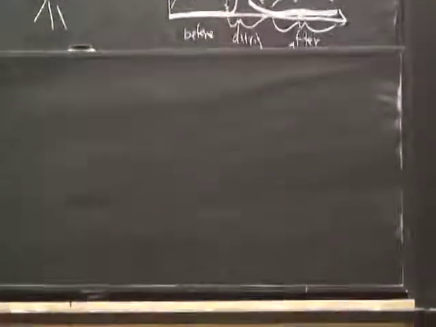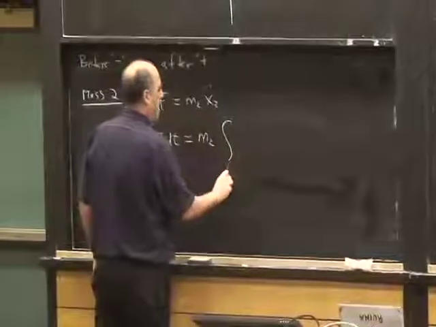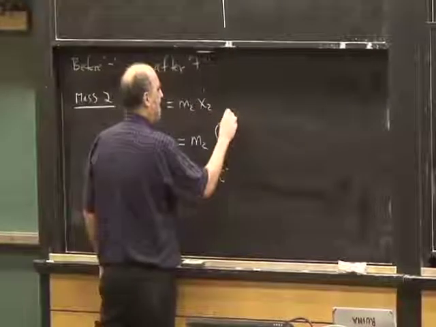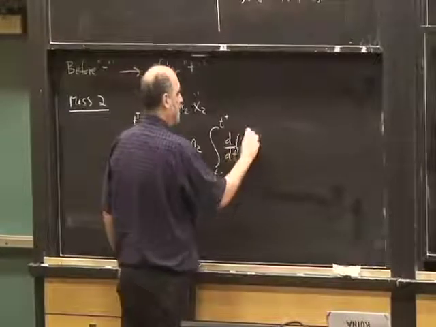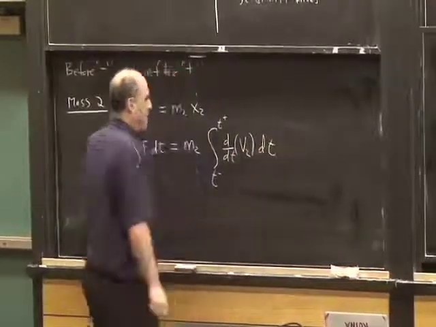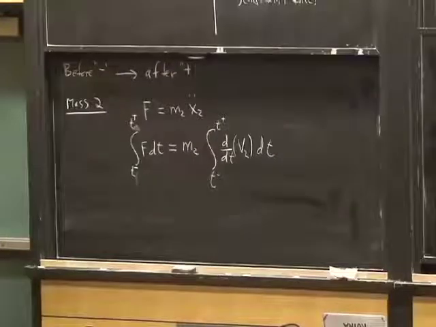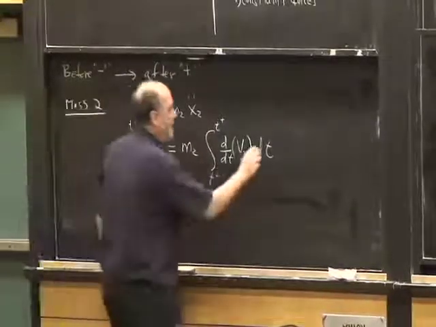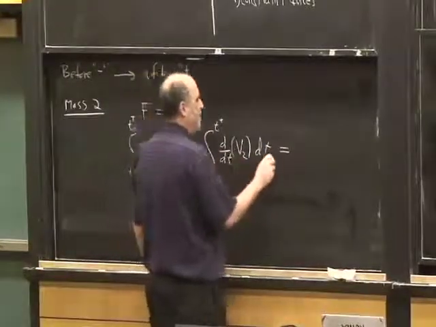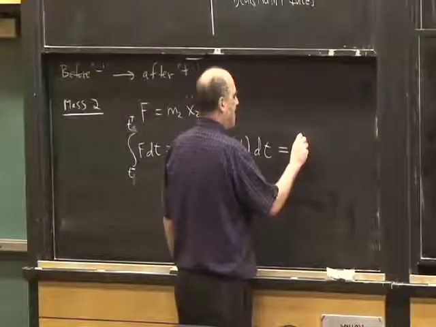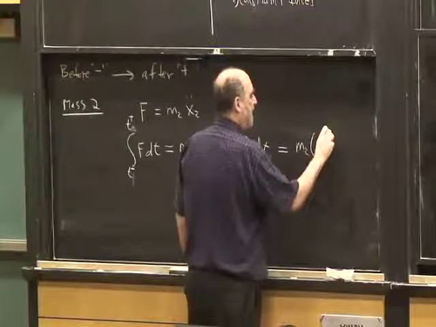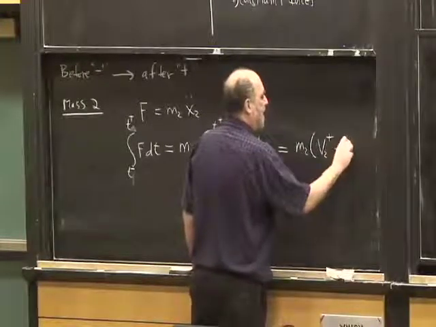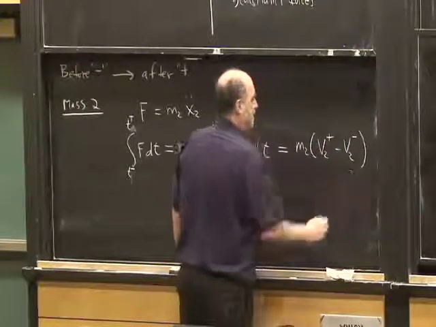So I can integrate, and then on the right hand side I have the integral from t minus to t plus of d by dt of m2 v2 dt. The integral of the rate of change of something is just its total change, and so this just turns into m2 times (v2 plus minus v2 minus).